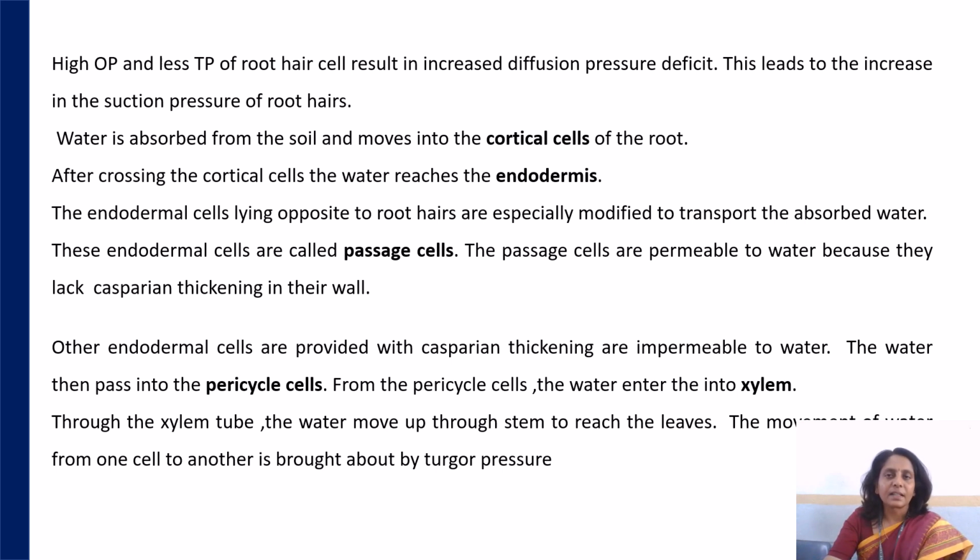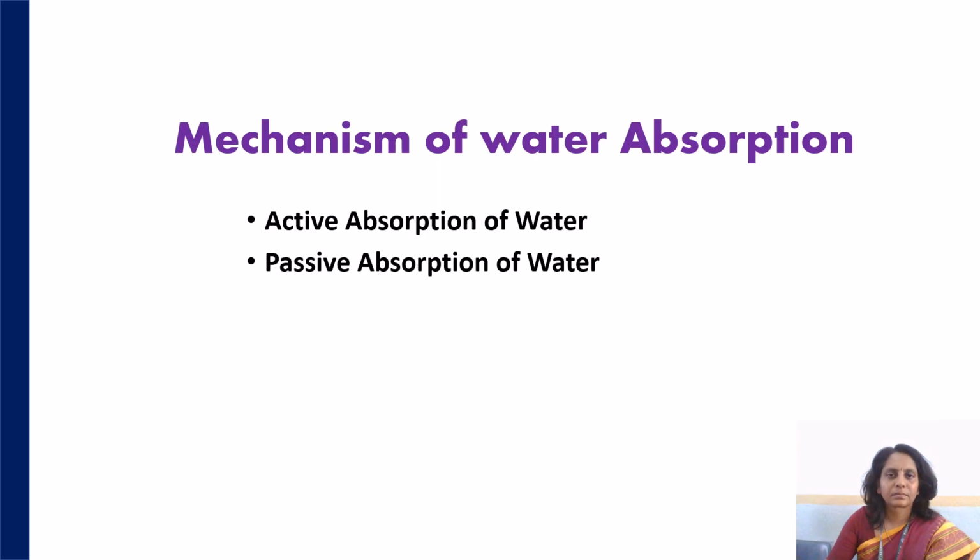From the pericycle, it travels into the xylem. From the xylem, the absorbed water now moves upwards unidirectionally to reach the leaves. The water moves from one cell to another cell due to the changes in the turgor pressure.